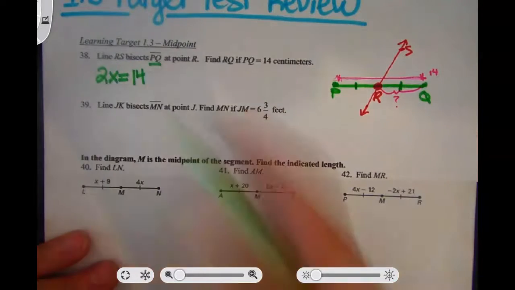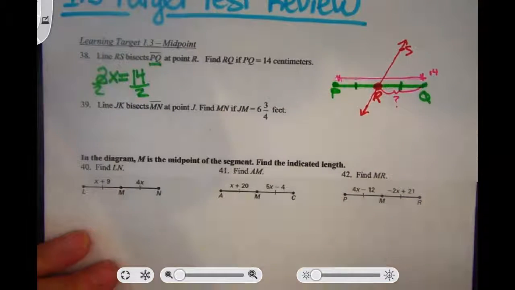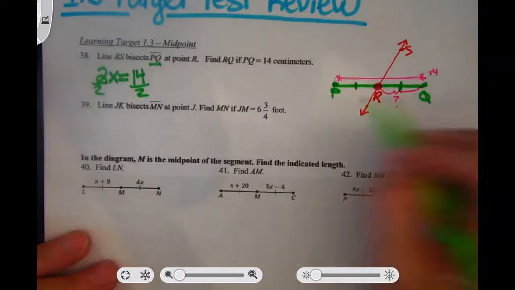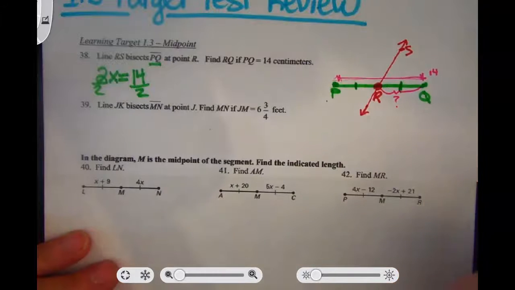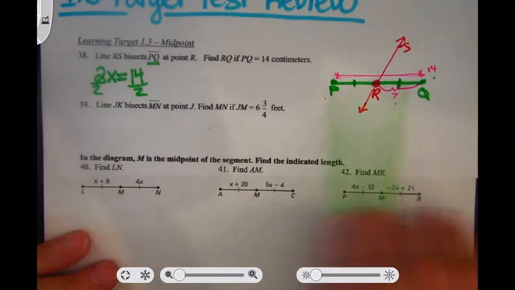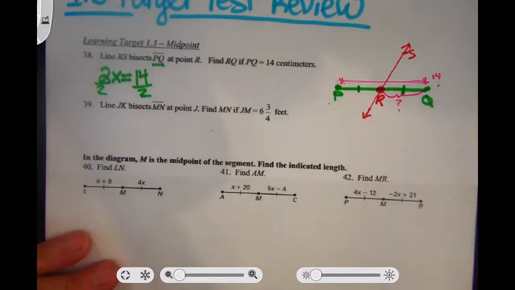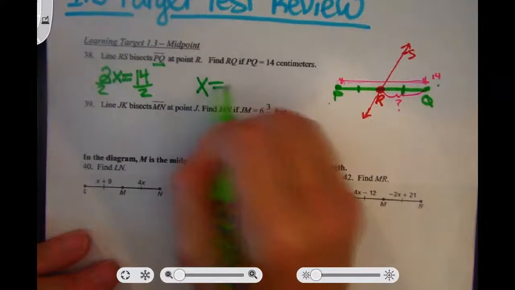And then to find it, we would just divide by 2, divide by 2. So that will tell us what each little segment is. You might not have done it that way in your head. You could have thought, oh, the total is this, I know there's 2 spots, so I just divide by 2. You can do it either way. So our final length is, yep, x equals 7.